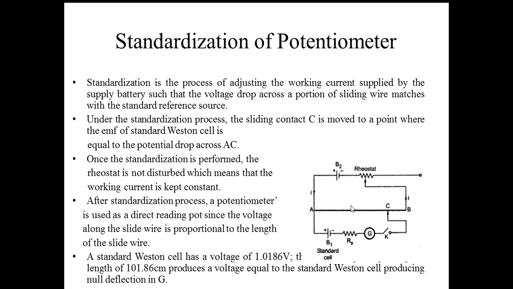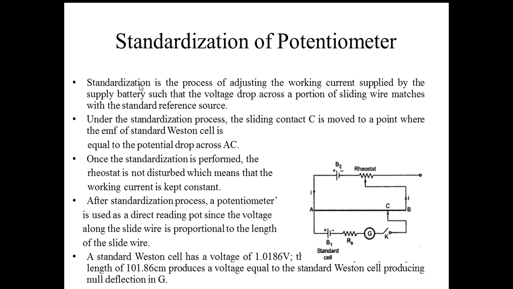Whenever this length AC is 101.86 centimeters, the voltage it produces at this length would be equal to the voltage across B2. When that voltage becomes equal, that means no deflection is shown. That process is called the standardization of the potentiometer.